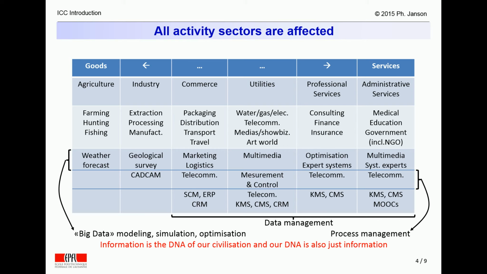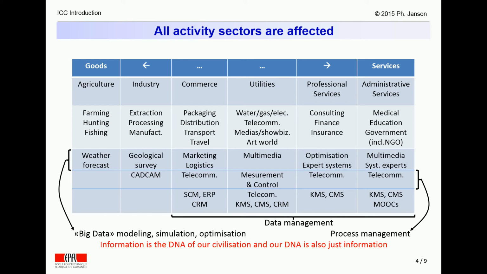Many of these sectors have depended on these technologies for a long time, at least for data management applications, such as what is called in the trade supply chain management, SCM, enterprise resource planning, ERP, customer relationship management, CRM, professional knowledge management systems, KMS, publication and content management systems, CMS, and increasingly education through massive open online courses known as MOOCs.